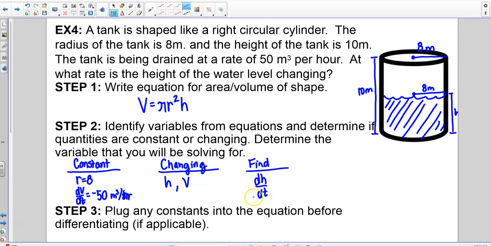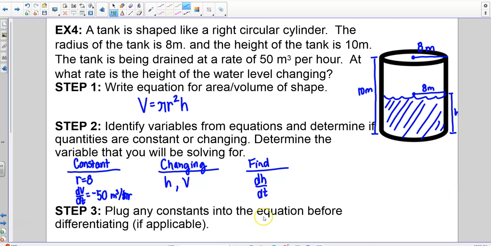Now this problem is a little bit different than some of the other problems we have seen, because it doesn't say at time equals 5 or when the height is 7. Usually we say find dh dt when h equals 4. So that may or may not end up being an issue for us, but we just don't have it, so we're not going to write it down right now. Okay?